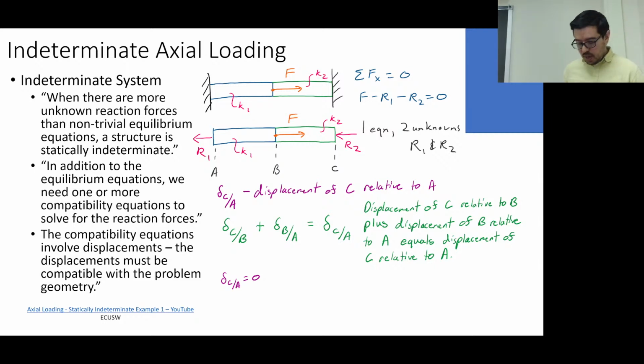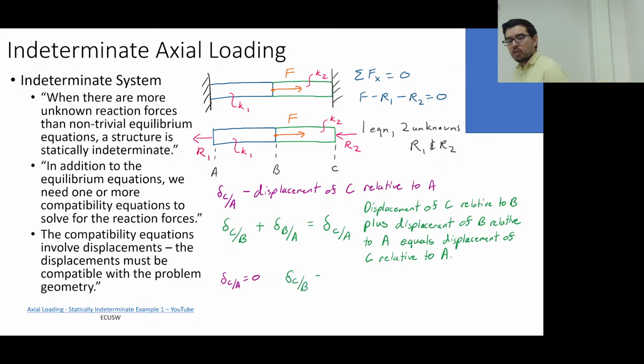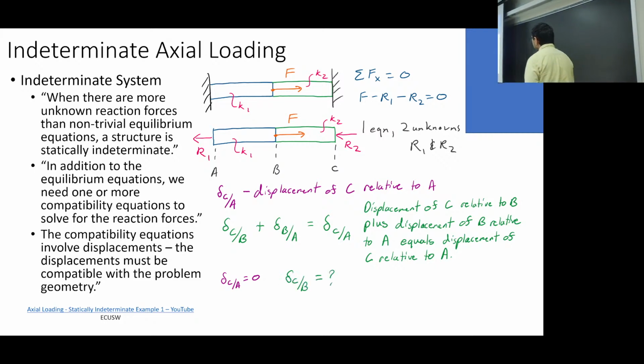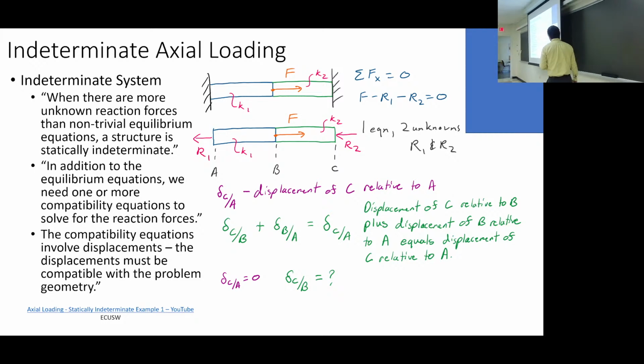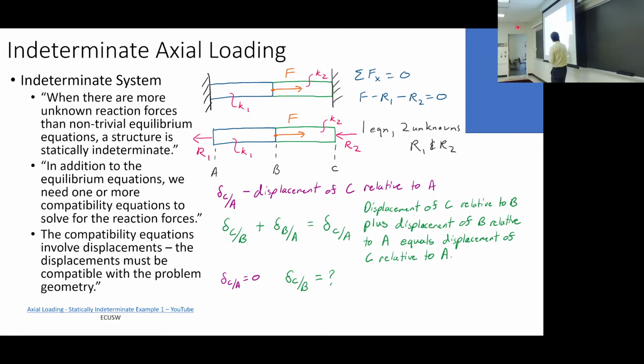So how do we take advantage of this? Well, it would be nice if we had expressions for these two, so then we can add them to each other and we know they're going to be equal to 0.